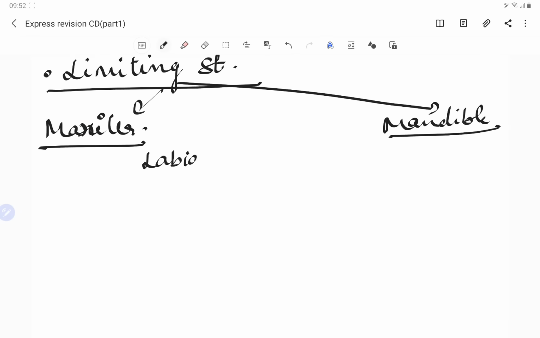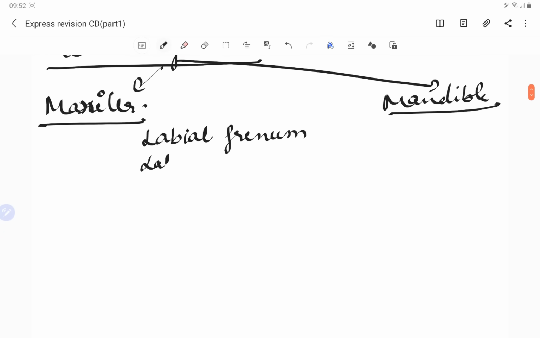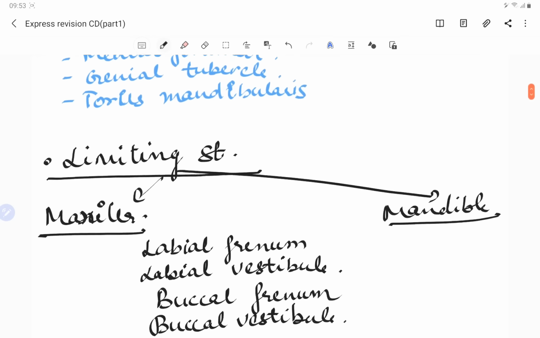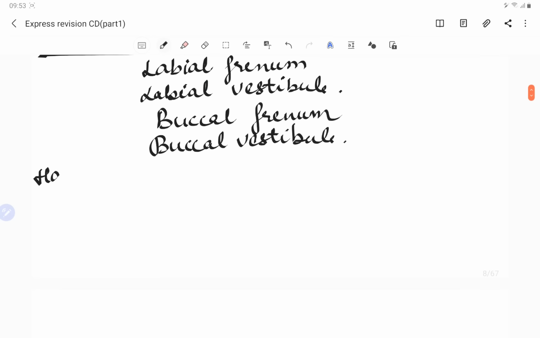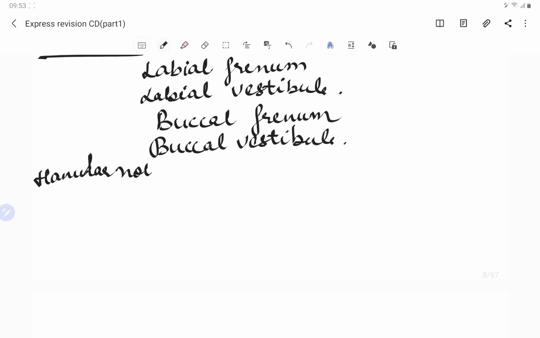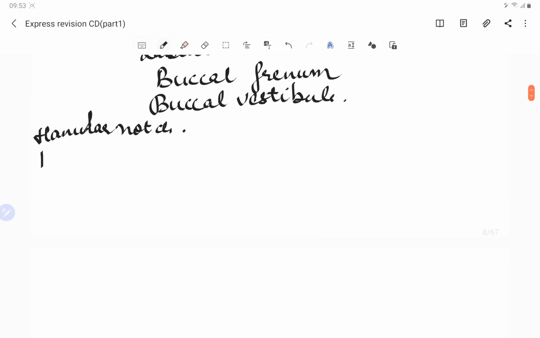So, that is the labial frenum, then we have got the labial vestibule, then buccal frenum, buccal vestibule, then in the maxilla we have got hamular notch. We have got fovea palatine and we have got PPS area.